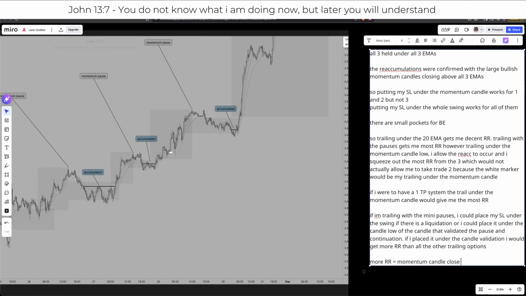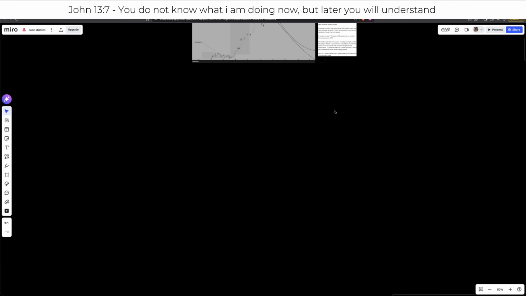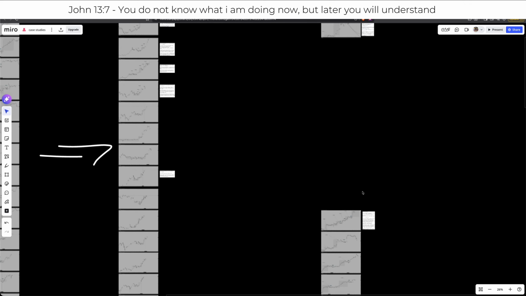This would give me more RR than the pause candle low, which would give me more RR than the 20 EMA close, which would give me more RR than the pause swing. Is that how I said that in the other ones? The pause swing.